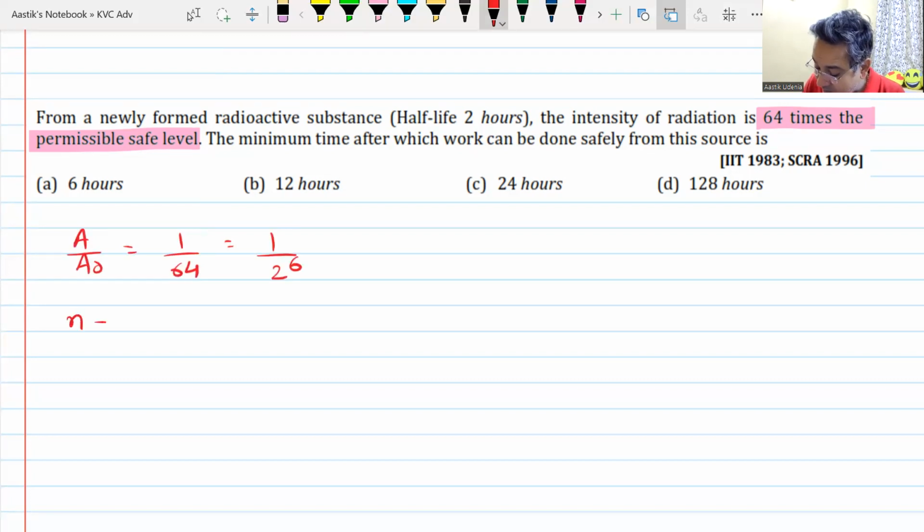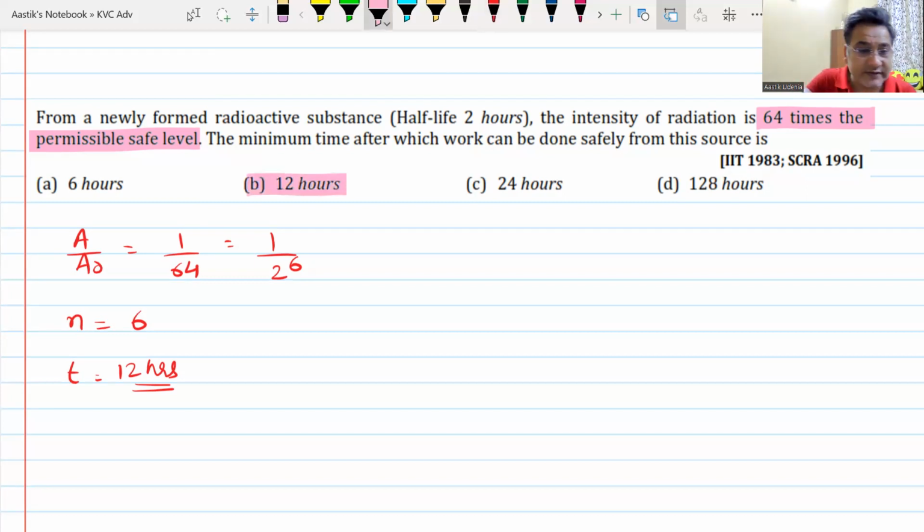So, the number of half-lives that has to go will be 6. So, how much time will it take? 6 into 2, 12 hours it should take, where the intensity will become permissible. It will become 1 by 64 of the intensity which is there right now, and therefore the permissible time after which you can work there is 12 hours.